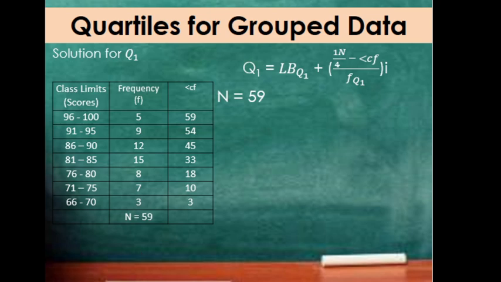So that we can know which quartile class we will get. Okay, so what is our indicator? Our indicator is this: 1 times n over 4. So, the indicator n over 4 is equal to 59 divided by 4, which is equal to 14.75, or 15.